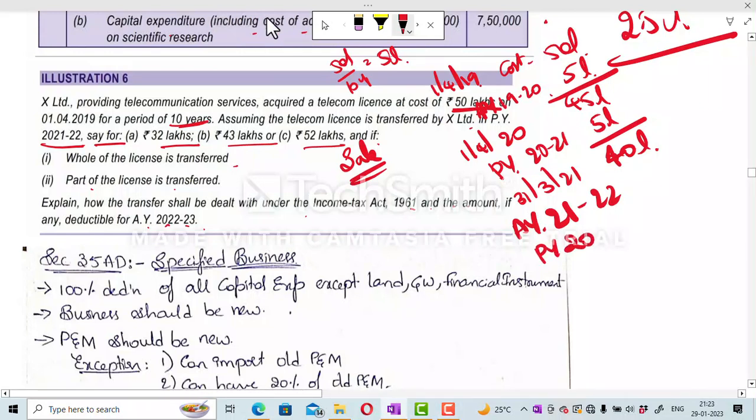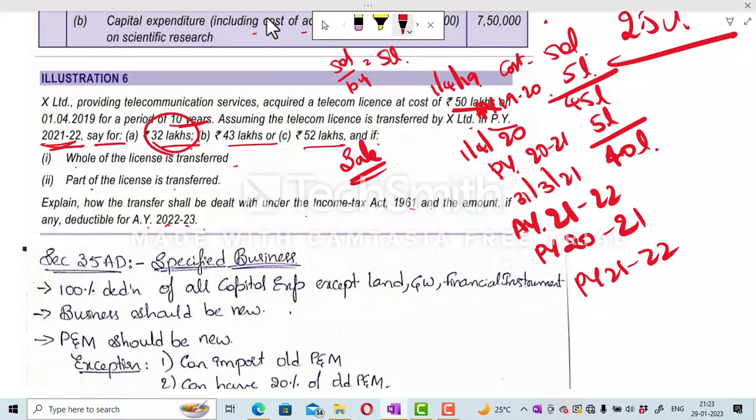Now what they told is that in previous year 21-22, that is in the next year, they have sold it. Okay, and they are asking what we should do if they sold for 32 lakhs, and they have transferred the whole of the license for that amount.